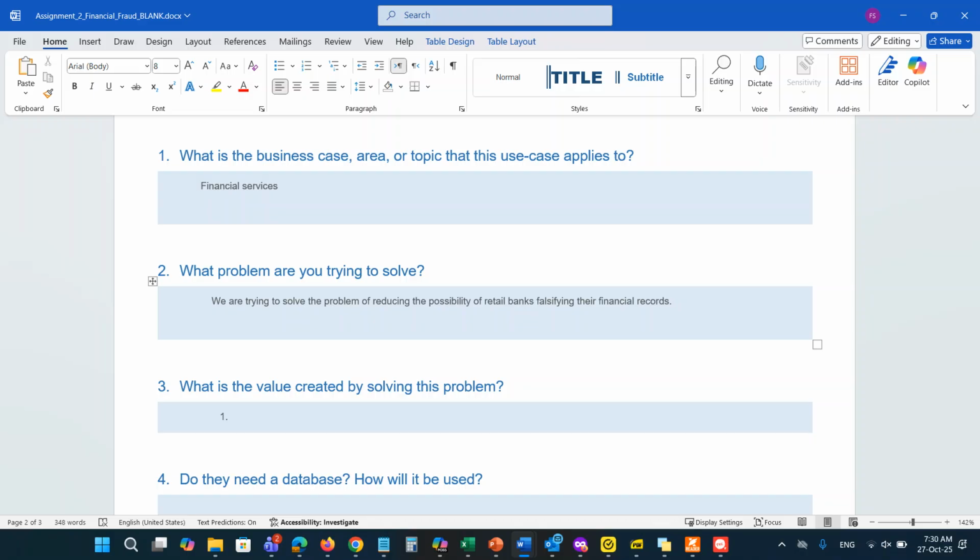Right, so that's the problem which we're trying to solve, and to be able to, if they do commit any kind of financial fraud, it will be basically detected by the central bank authorities.